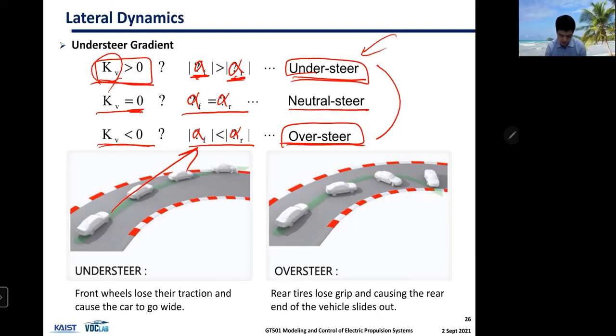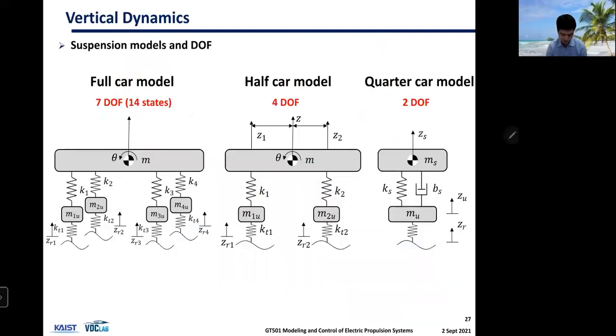But as you go towards sports cars or race cars, it gets close to neutral steer, and sometimes for race purposes you actually go to an oversteer value, and you can artificially create that by pressing on the throttle. Okay. This is vertical dynamics. I think this is very irrelevant to our study, so I'm just gonna skip this part.